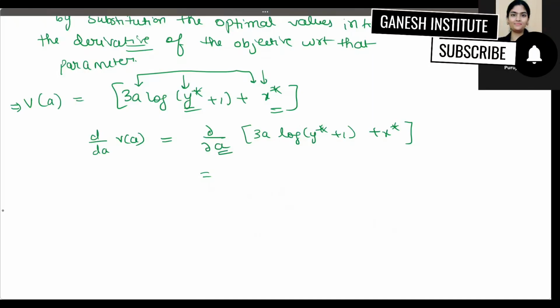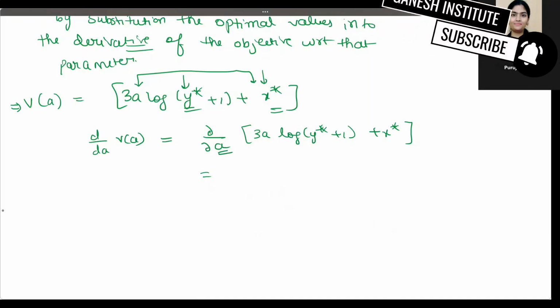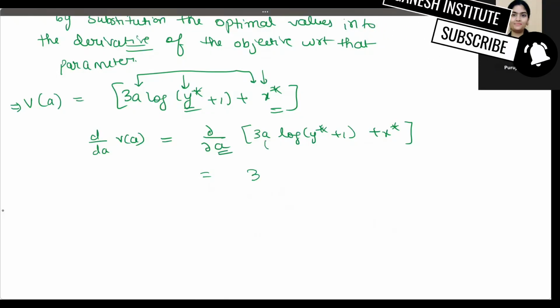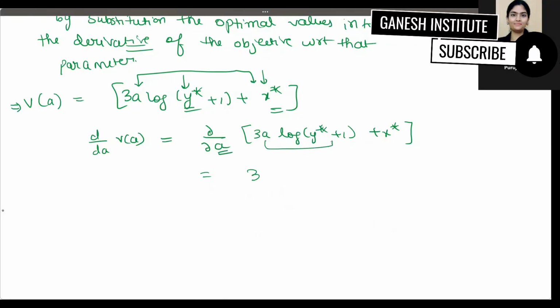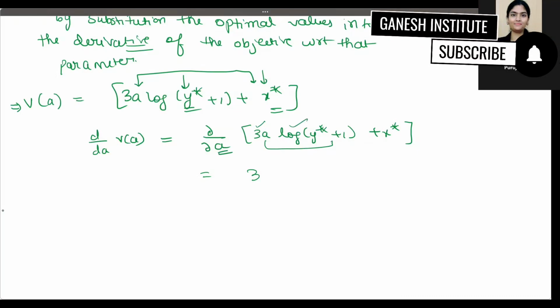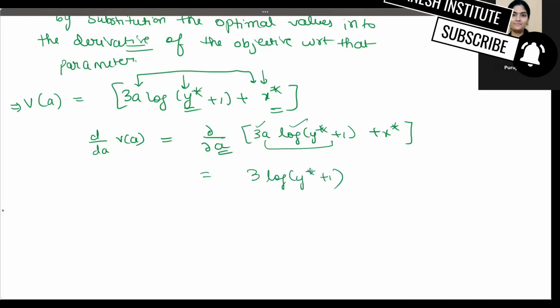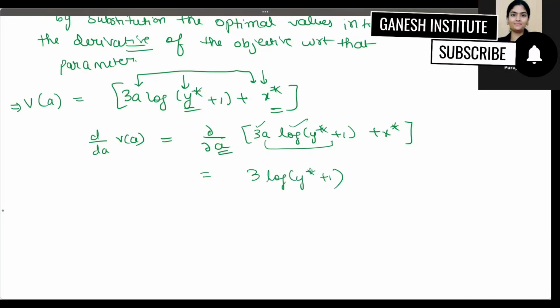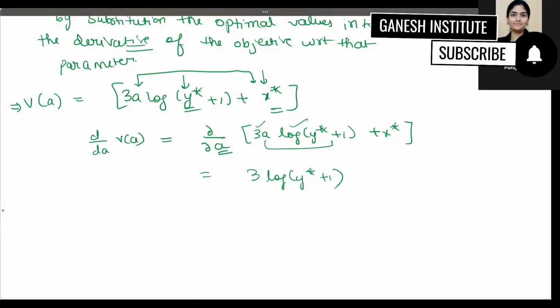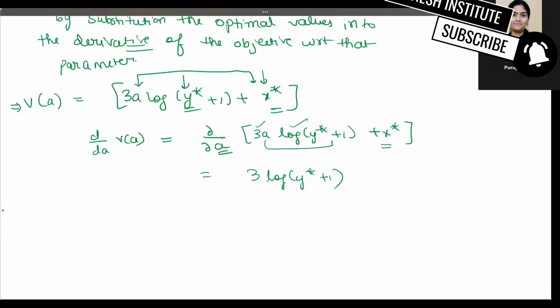Ma'am, so it's going to be 3 plus. This is a multiplication, no? So 3 log something. This whole is constant. Yeah, so chain rule: 3 into log of y star plus 1 plus, this is 0.